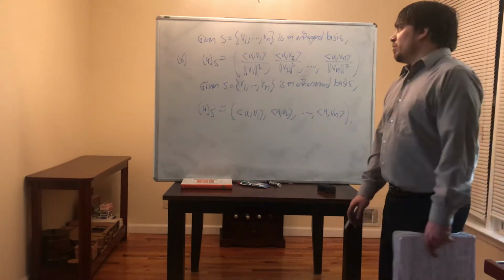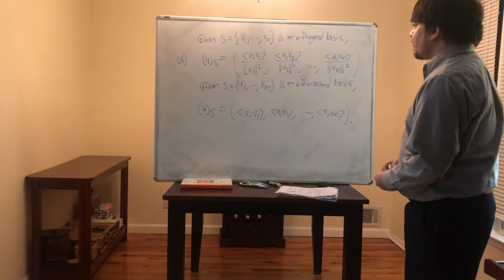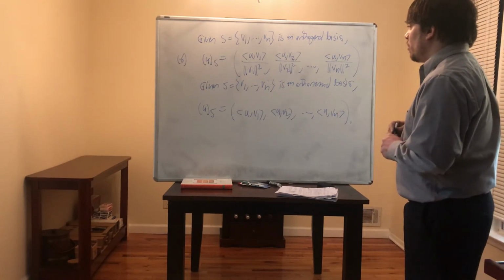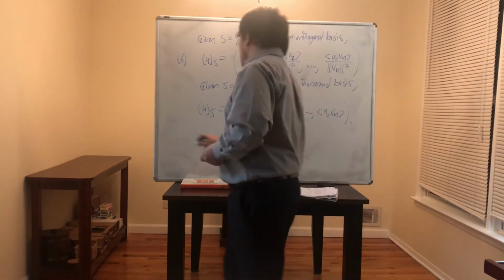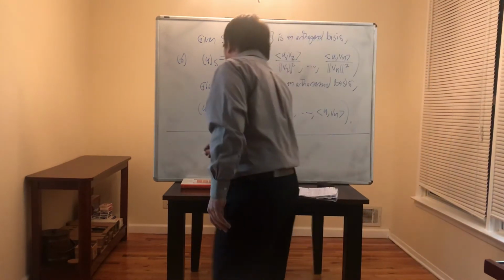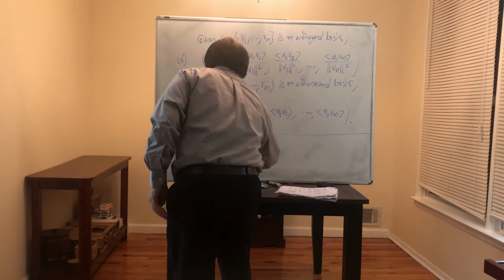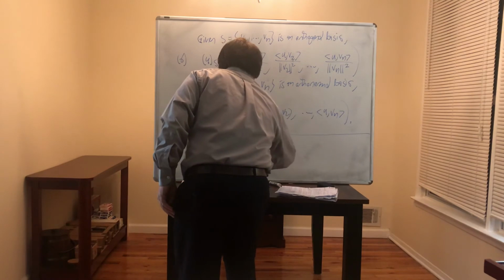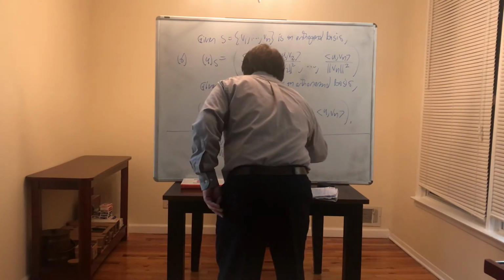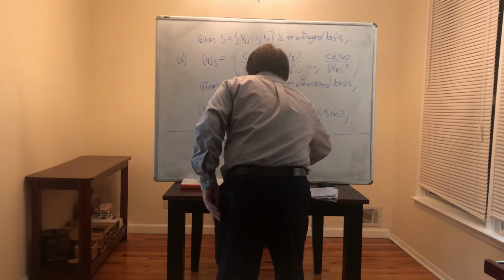And so what in the world am I saying? Well, basically, if from the last board we showed that u is equal to the inner product of u and v1 over the norm of v1 squared times v1, plus the inner product of u and v2 over the norm of v2 squared times v2.